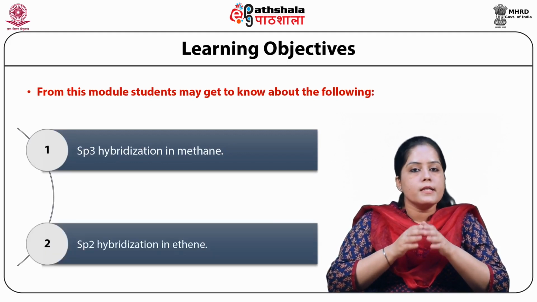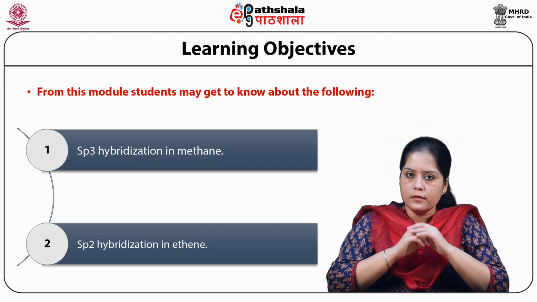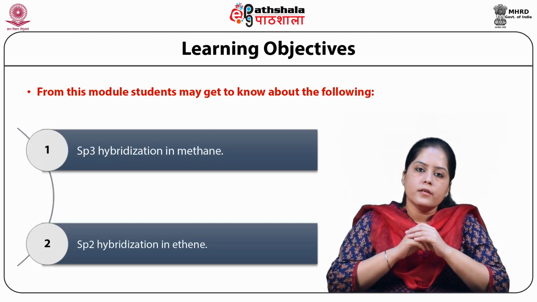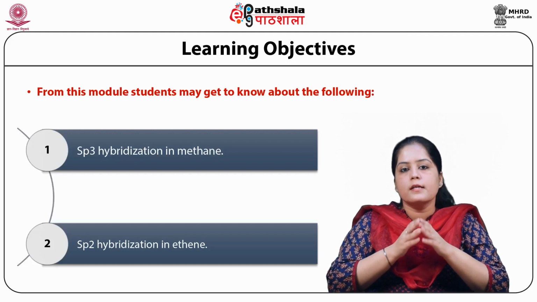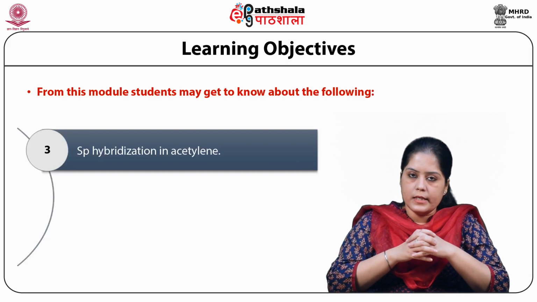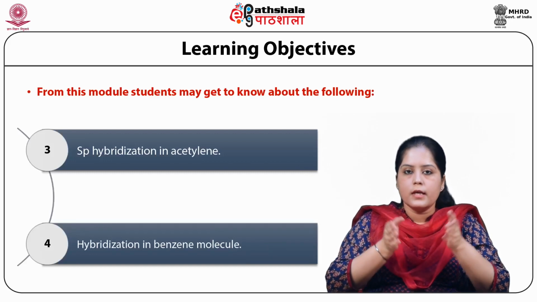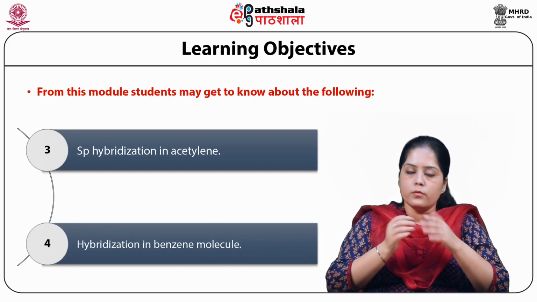Next, sp2 hybridization in ethene. Thirdly, we will also discuss the sp hybridization in acetylene. Lastly, we will also discuss the hybridization in benzene molecule.